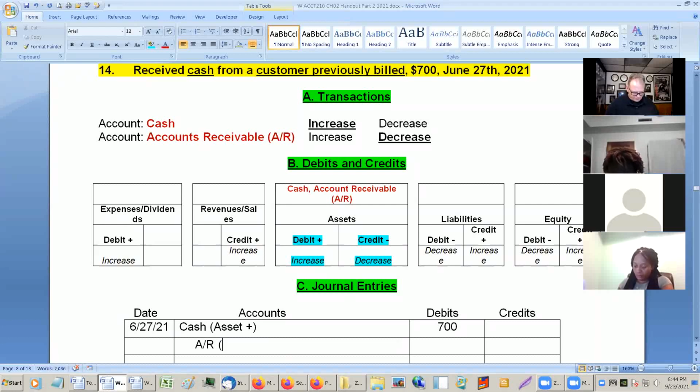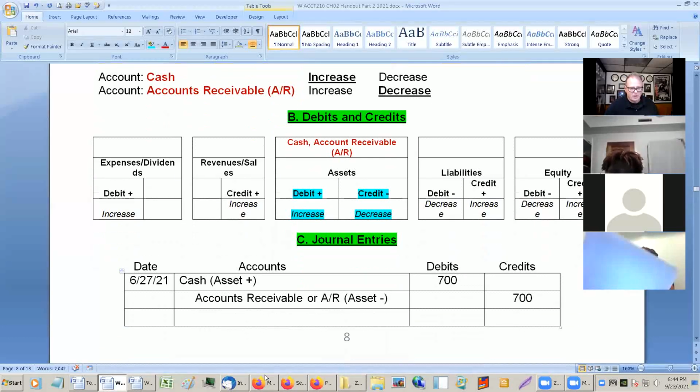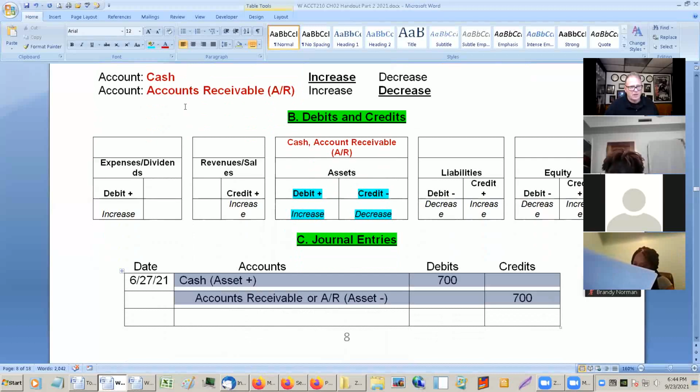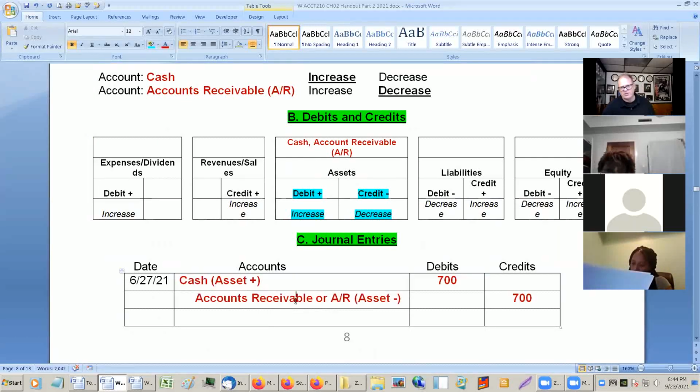Accounts receivable. Now I'm going to write it out just so there's no confusion, but it's very common to see it that way, and you can write that on the journal entries.